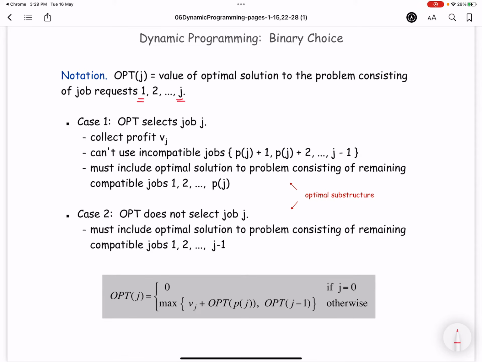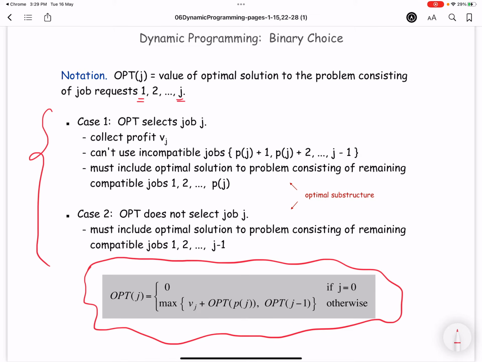Now, here comes the dynamic programming. So we want to find some recursive formula, something similar to this. And to find such, we want to study the following cases. The optimal assignment has two choices, either to select job J or not to select job J. So if I decide to select job J, then I have to collect the profit. Because I select job J, I have to take the profit and add it to the optimal.